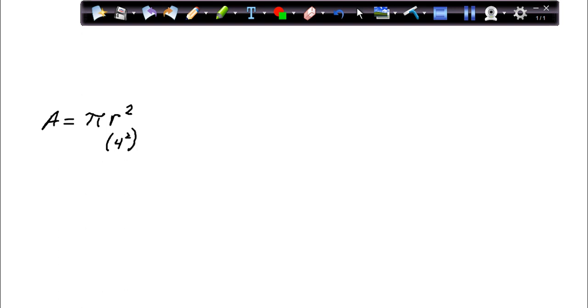And pi is always 3.14. So area equals 3.14 times 4 squared.